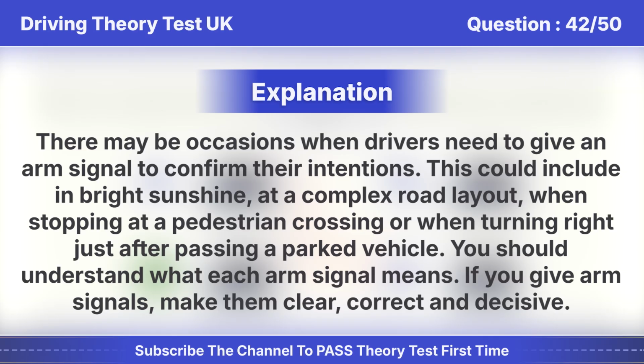This could include in bright sunshine, at a complex road layout, when stopping at a pedestrian crossing or when turning right just after passing a parked vehicle. You should understand what each arm signal means. If you give arm signals, make them clear, correct, and decisive.